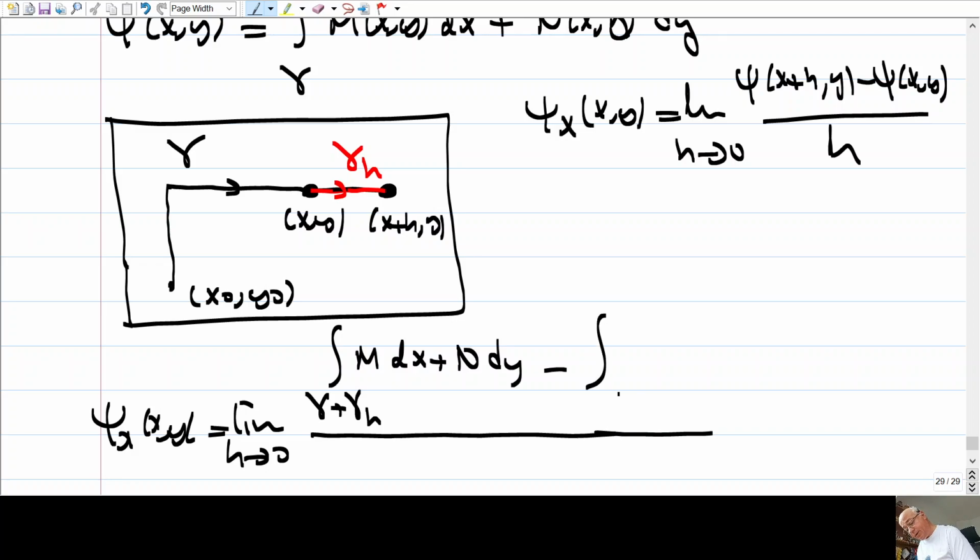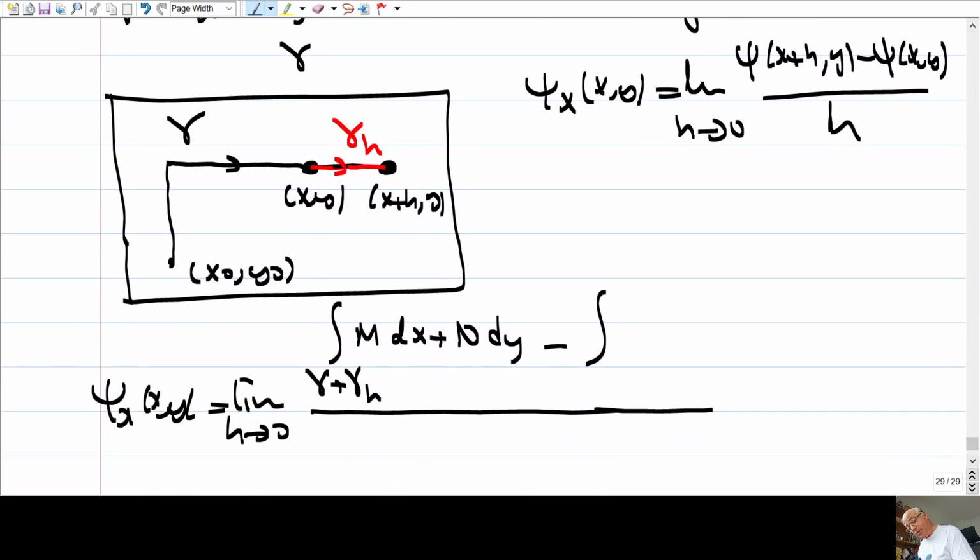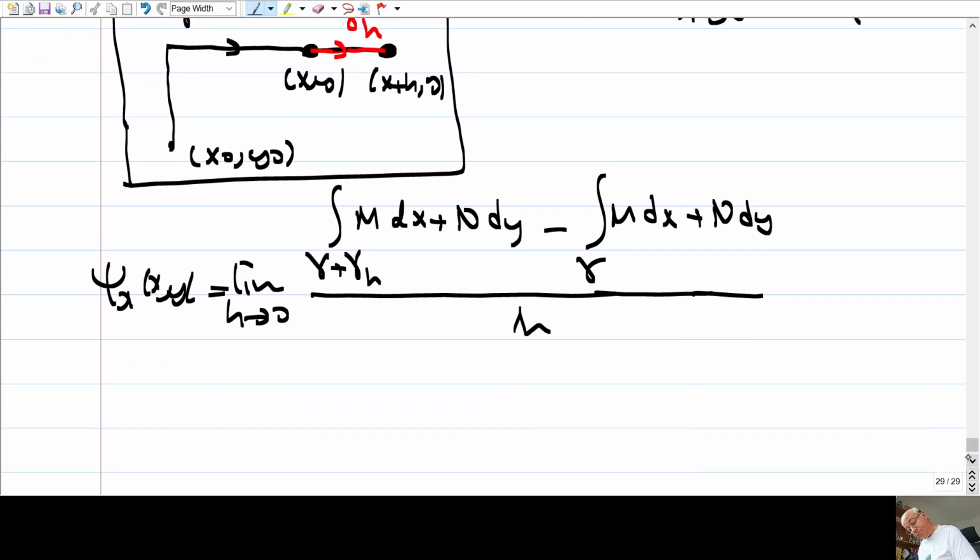minus the integral. So here this is just psi of x y, so the value of the function at this point. So this is the integral along gamma of m dx plus n dy, divided by h.